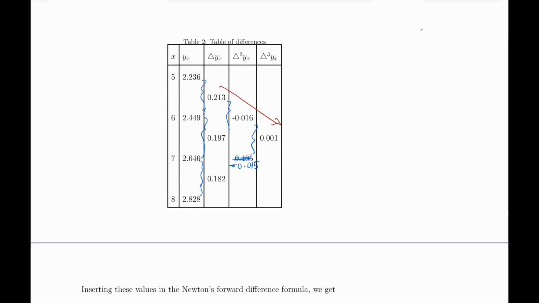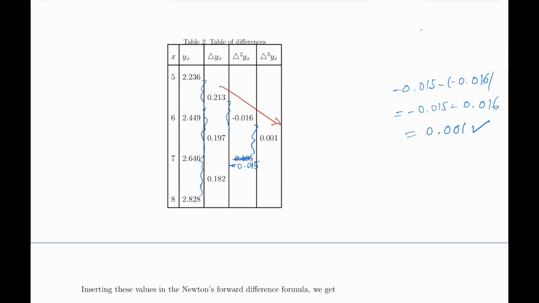The difference of these two is minus 0.015 minus minus 0.016. So this is minus 0.015 plus 0.016, since minus minus gives you plus. So this is 0.001. This is what we have written here.